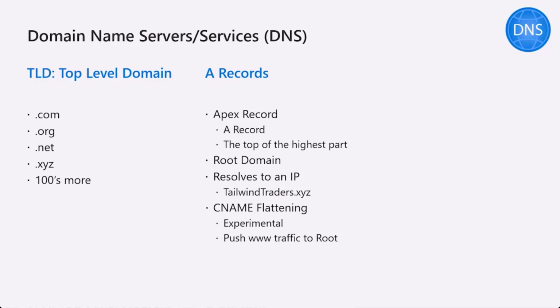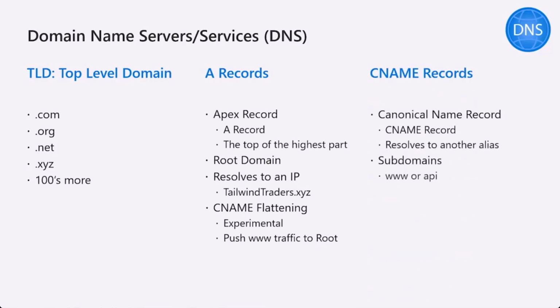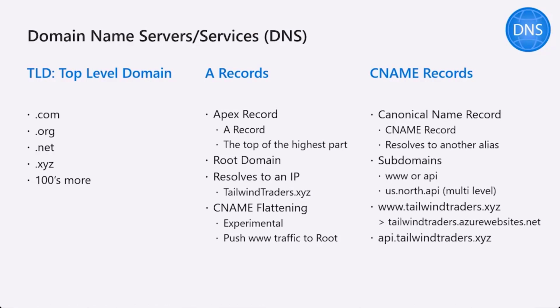And then after that, if you go again one level lower, you have the CNAME record. CNAME stands for canonical name record. And that can sometimes be called a subdomain, for example, www or api.tailwindtraders.xyz. Or it can even be multi-level, for example, us.north.api.tailwindtraders.xyz.